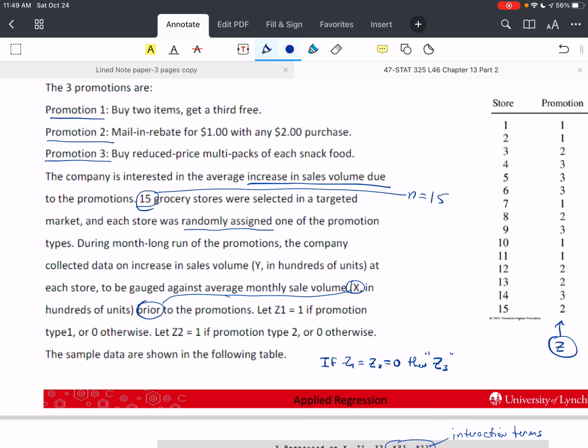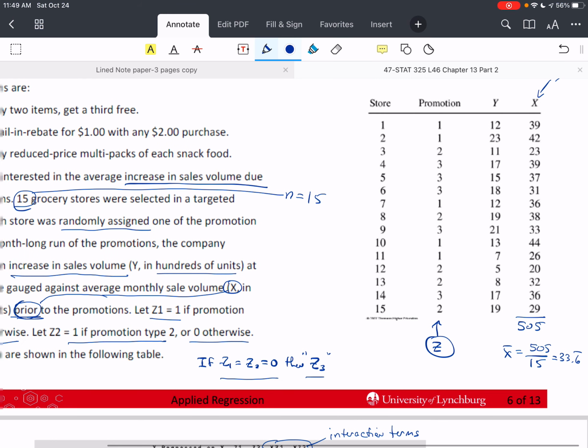The company collected data on increase in sales volume, which is Y, in hundreds of units at each store, and it's to be gauged against the average monthly sales volume, which is X, prior to the promotions. Okay, so Z1 is going to equal 1 if promotion type 1, 0 otherwise. Z2 is 1 if promotion type 2, or 0 otherwise. So Z1 equals Z2 equals 0 means Z3, which is the reduced price multi-packs.